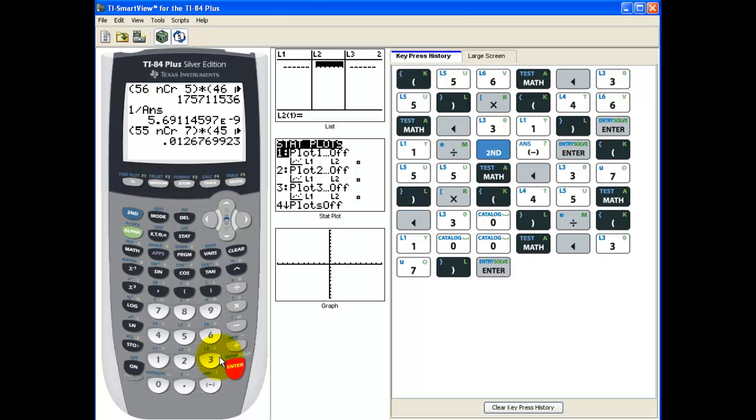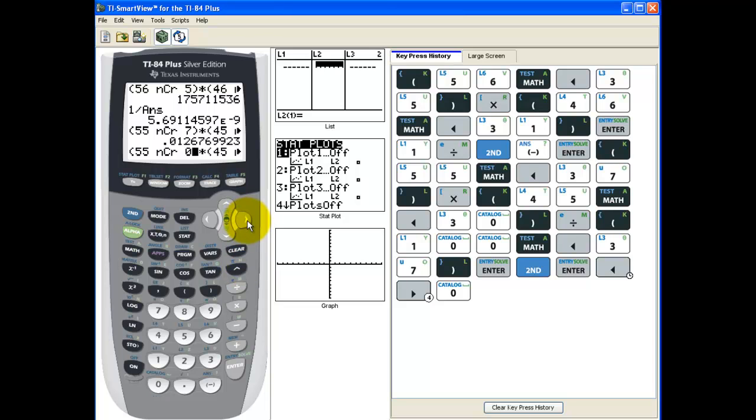Part B asks, what is the probability that the committee is composed of all Republicans? Now, instead of retyping what we did there, we can retrieve our last key sequence and edit it. You do that as follows. You press second enter, and you can see that it coughs up what we just keyed in. So we can just go back here and edit this instead of having to retype from the beginning. So we want to change that now to 55 choose 0 because we're not choosing any Democrats now.